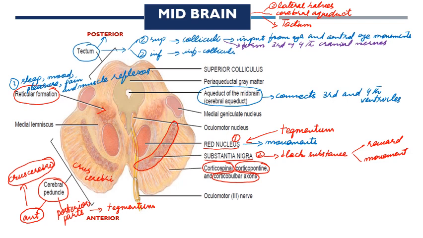The inferior colliculus receives sensory information from the ears and serves as an important relay station for auditory information en route to the thalamus.